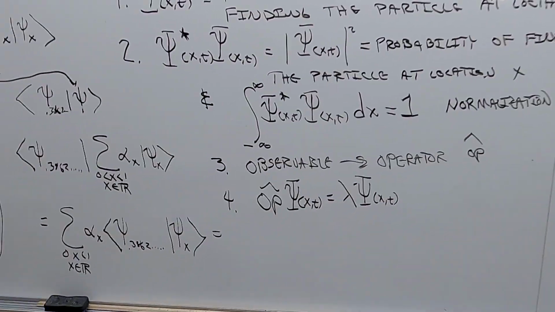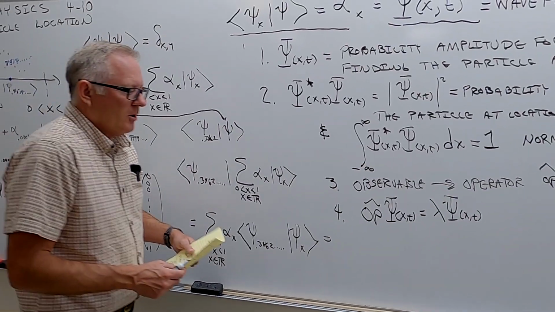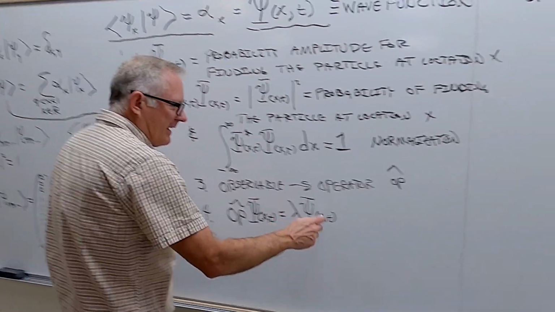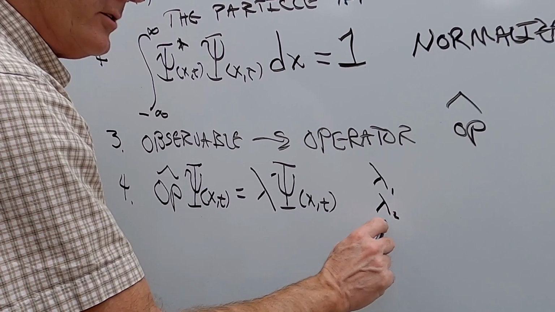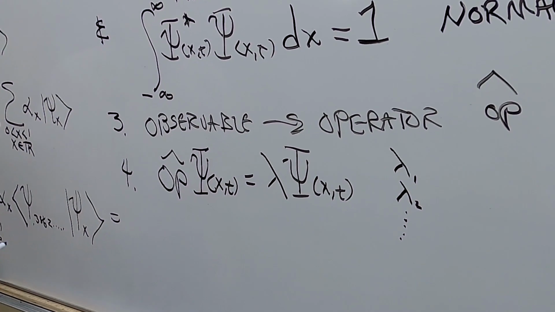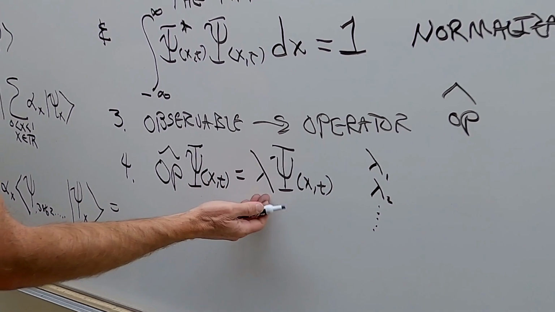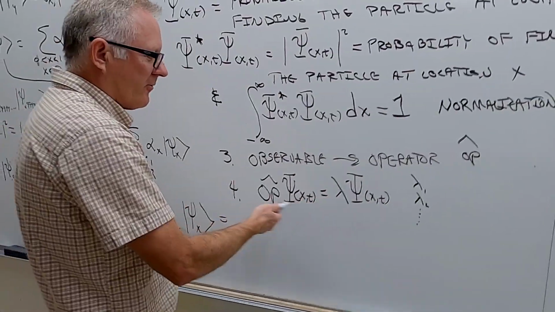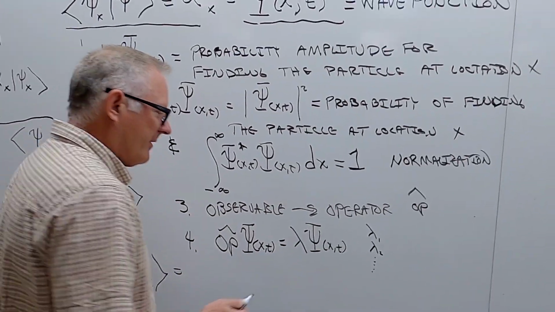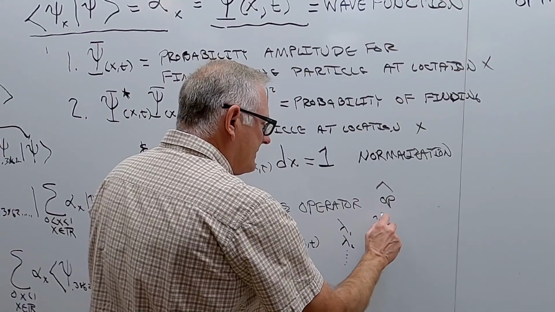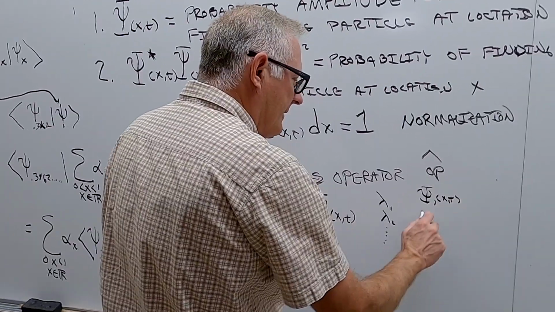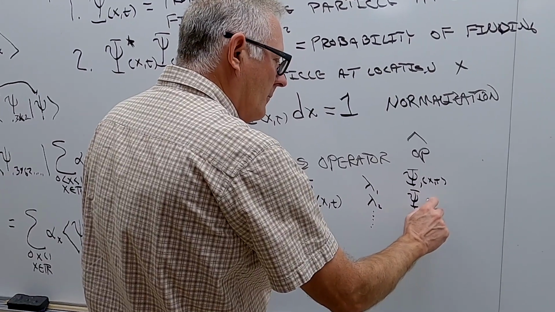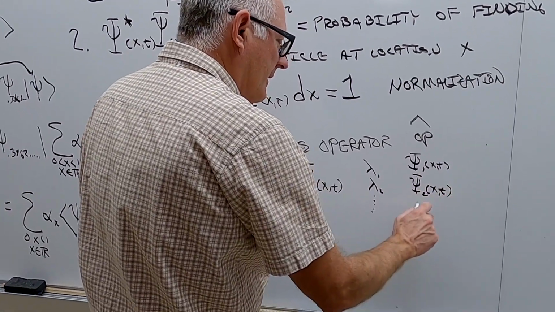And remember, this gives me a bunch of lambdas: lambda 1, lambda 2, and so on. Those are the eigenvalues, whatever you'd measure from this operator, and you would get these states: psi 1 of x and t, psi 2 of x and t, and so on.